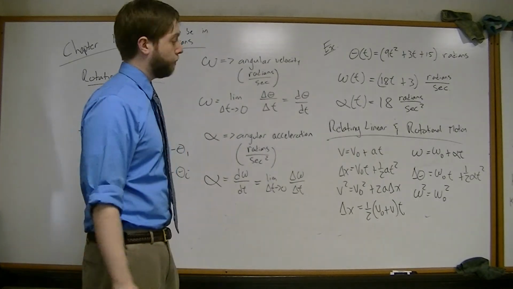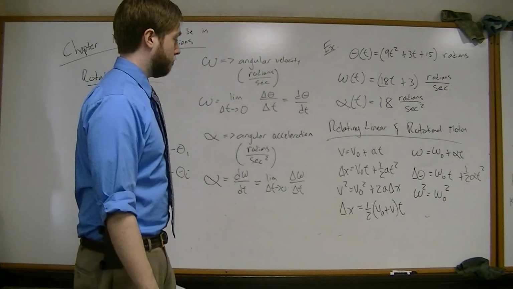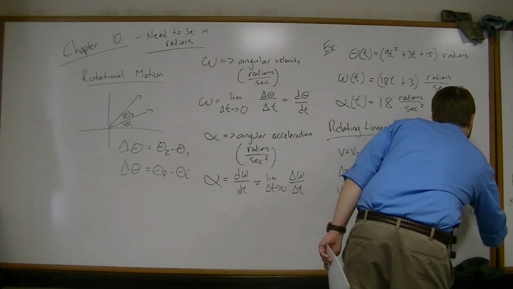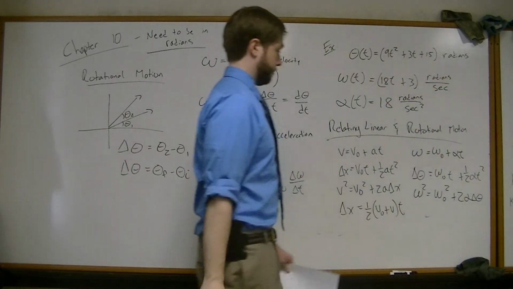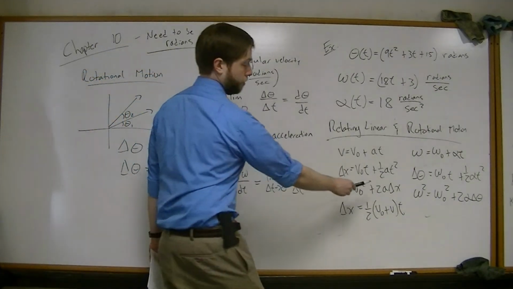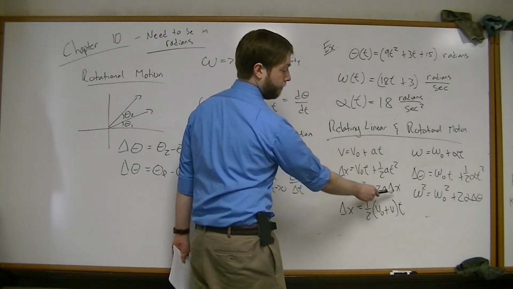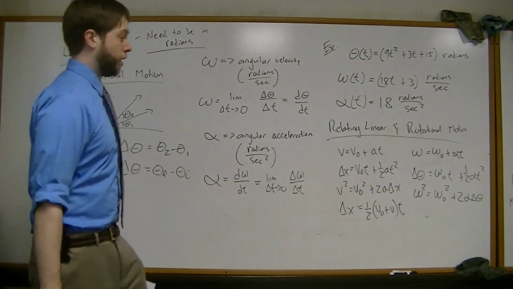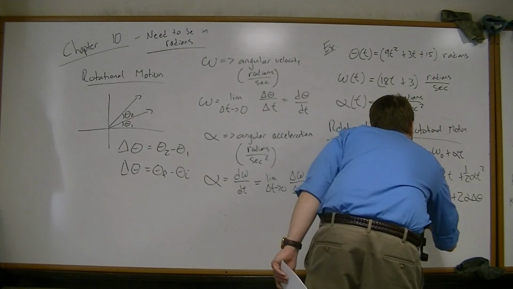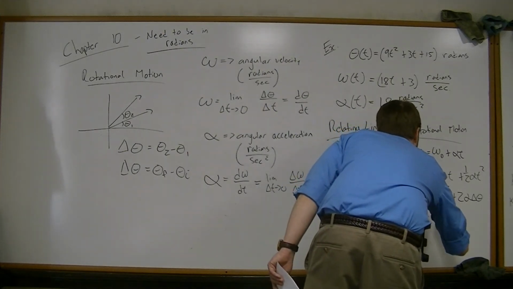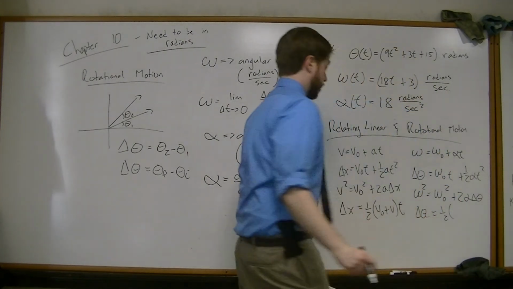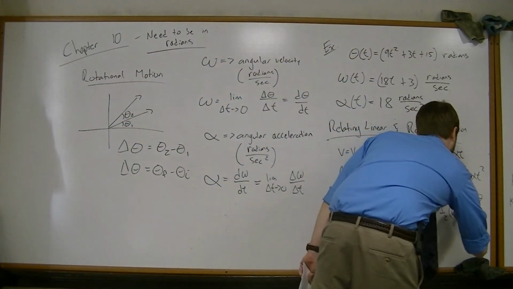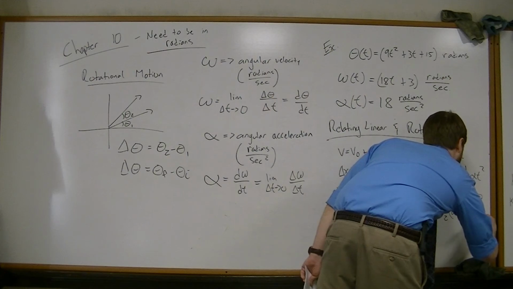I don't know, whatever. Omega naught squared plus 2 times alpha delta theta. Acceleration went to angular acceleration alpha, delta x went to delta theta. And the final equation, delta theta is equal to 1/2 the initial angular velocity, omega naught, plus omega times the time.